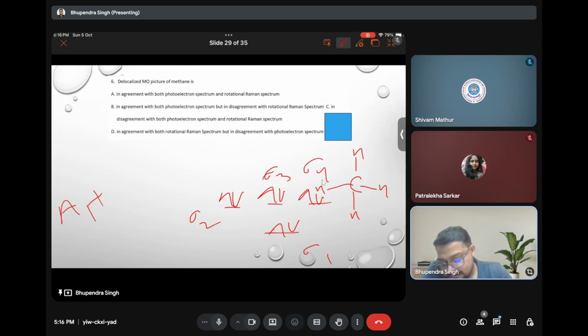We have already seen there are 3 degenerate orbitals. So the first option is that the delocalized MO picture of methane is in agreement with both the photoelectron spectrum and the rotational Raman spectrum.